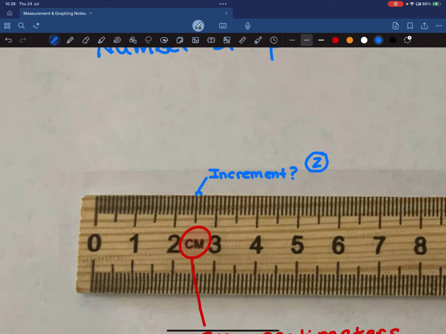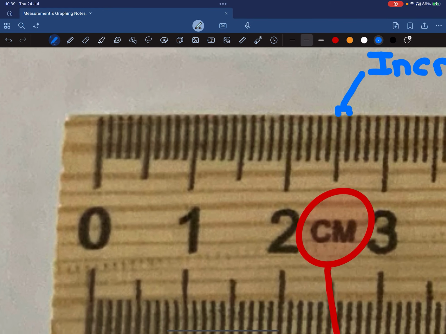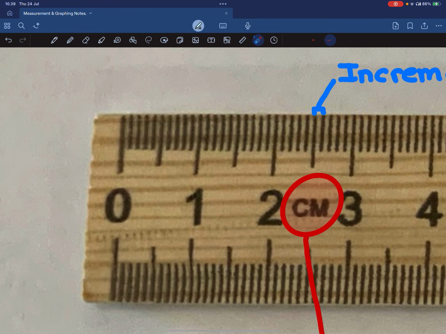Now we're going to count up the spaces. Okay? And it's the spaces. So if I start here at 0, right? My spaces are 1, 2, 3, 4, 5, 6, 7, 8, 9, 10. There's 10 spaces between the numbers.